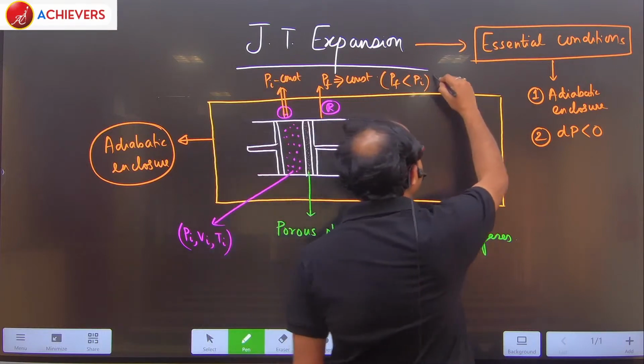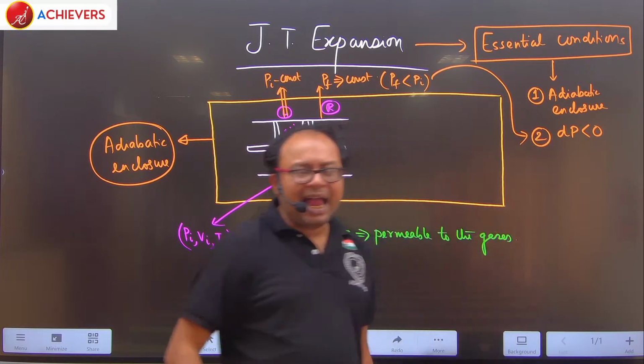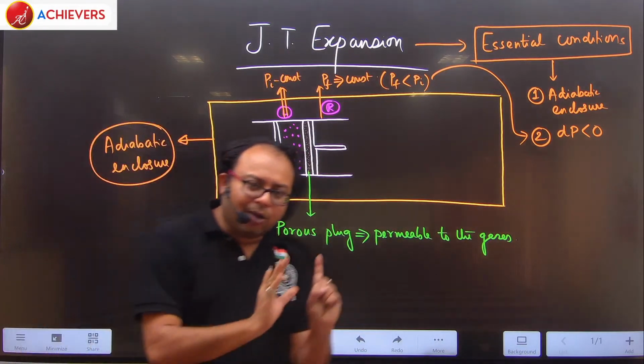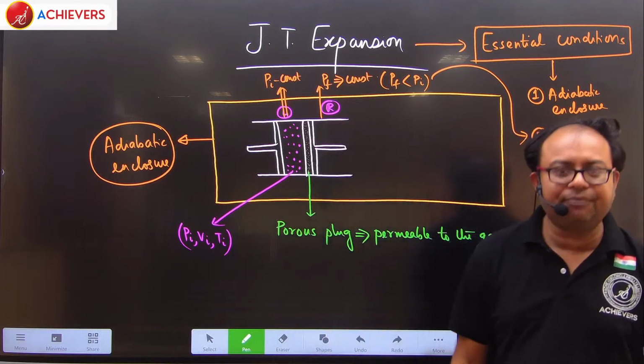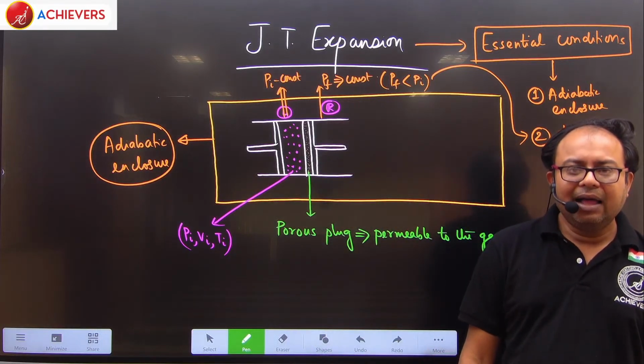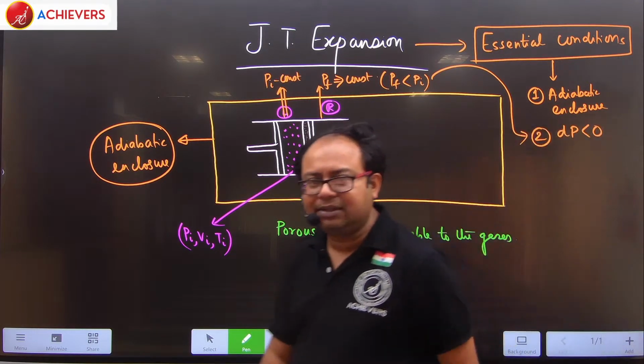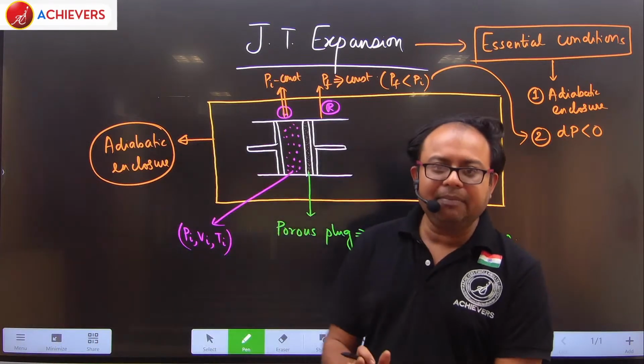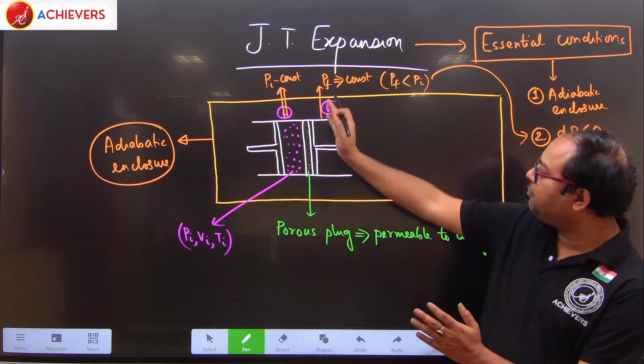That makes dP negative. So in the right hand side, you are artificially maintaining a constant pressure of Pf. That is regarded as the final pressure. And in the left hand side, you are constantly maintaining a pressure of Pi.